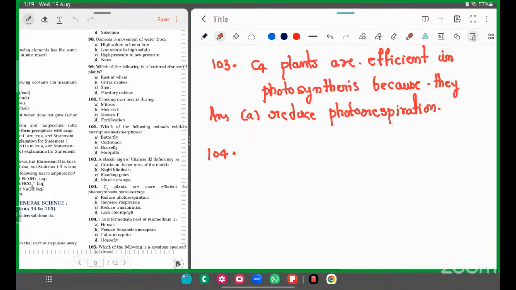Reduced transpiration is similar to respiration, but actually it does reduce respiration by the process of photorespiration, in which they take a small amount of photon energy. Photon energy means light energy. And answer D, lack chlorophyll.